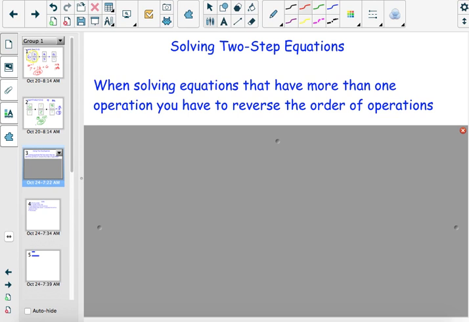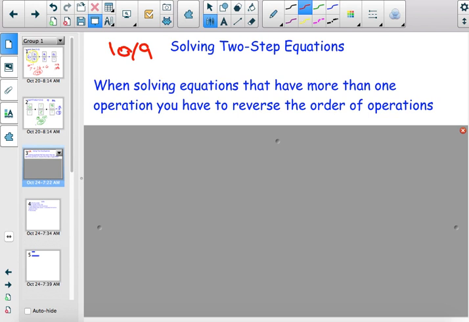Alright, so today is October 9th, and solving two-step equations. This is something we're going to come back to later on when we visit 8th grade standards, but this is 7th grade material. When solving equations that have more than one operation, you have to reverse your order of operations.